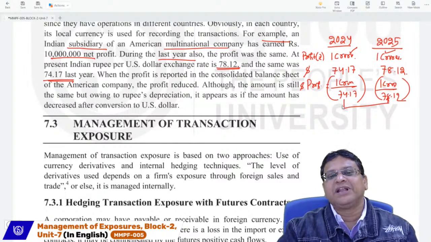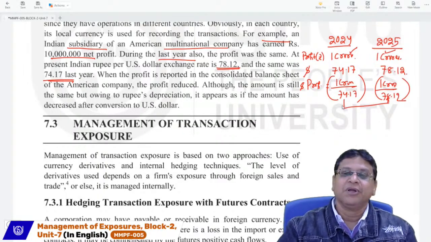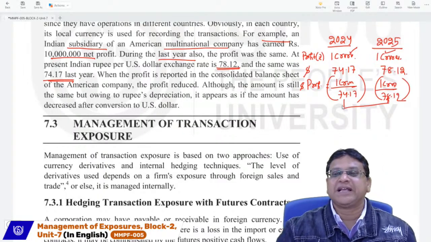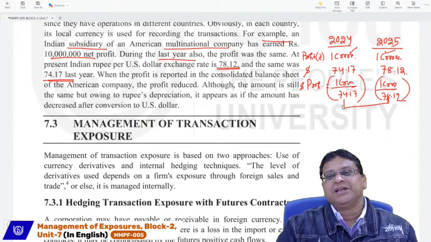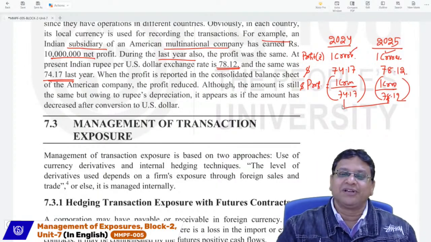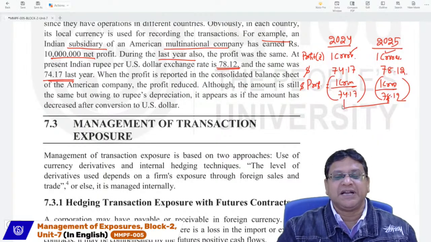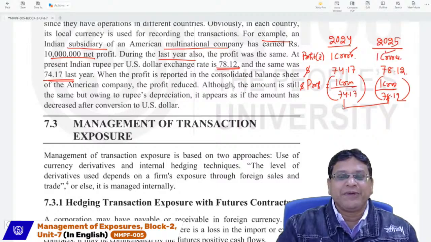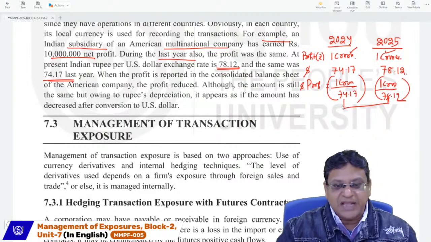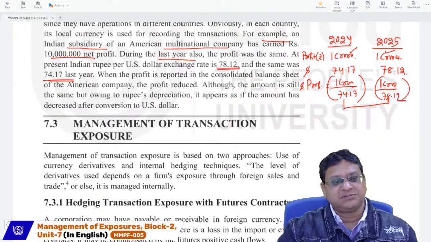It will show less profit than what it reported in 2024. But in rupee terms, it has earned the same profit. In dollar terms, it has earned less profit because the dollar value has appreciated during this year, or the rupee value has depreciated during this period. This is known as translation exposure.